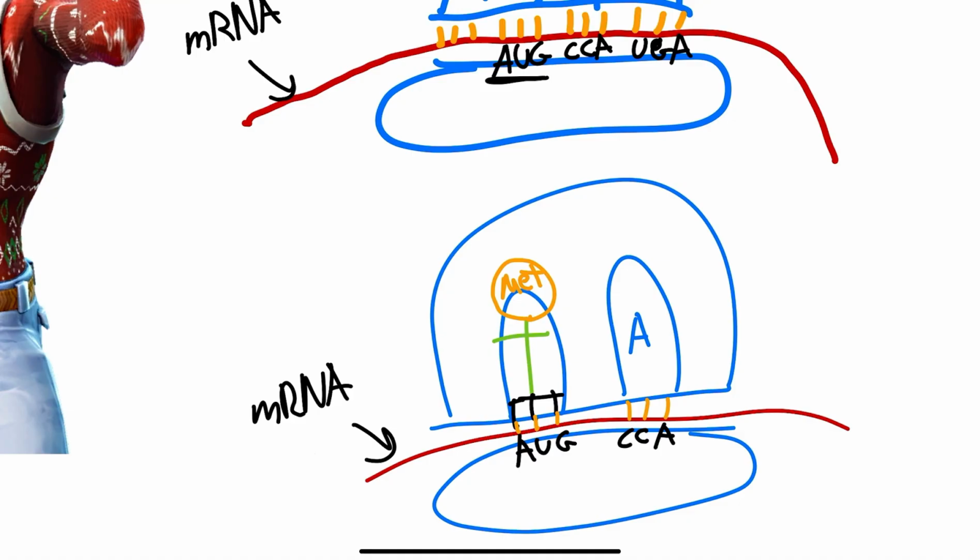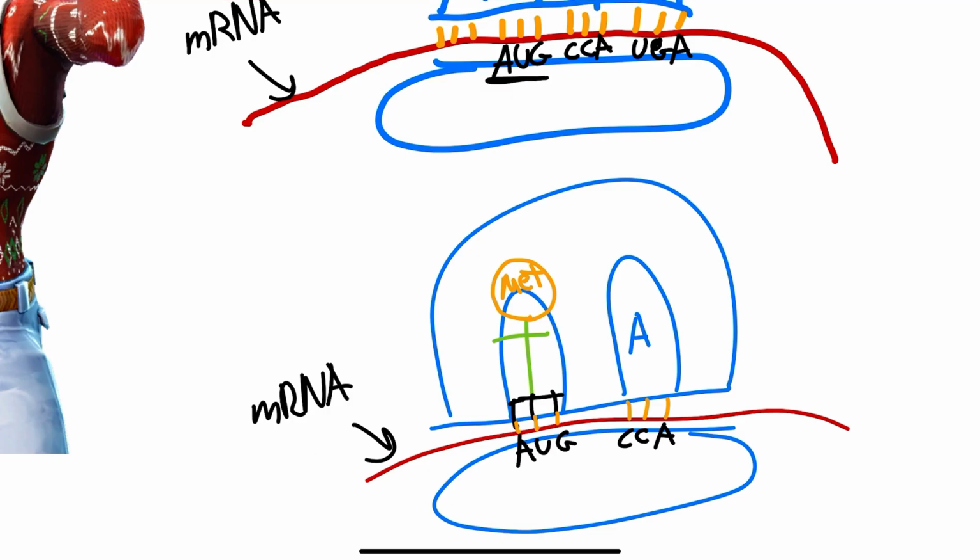So the tRNA with an anticodon that matches the next mRNA picks up a specific amino acid and binds to the mRNA at the A site. So remember how I told you that the P site is where the connection is happening, the A site is just preparing the next ingredient, right? So like in this here, we are measuring out the ingredients. So say it's 1 cup of flour. You're putting the flour in the cup here, and then you're putting it into your mixing bowl here to get your cookies, all right? So we're slowly adding our ingredients here.